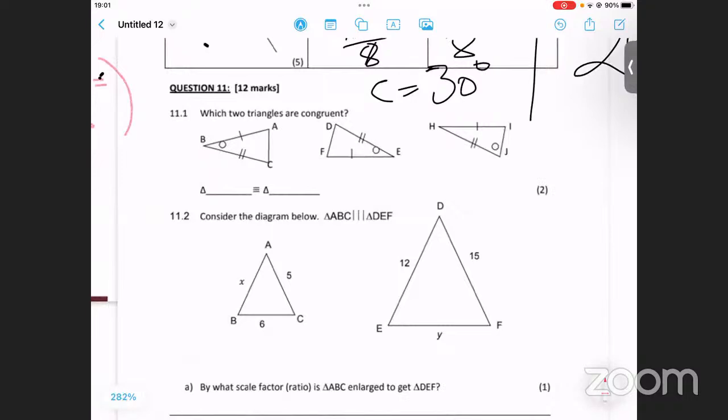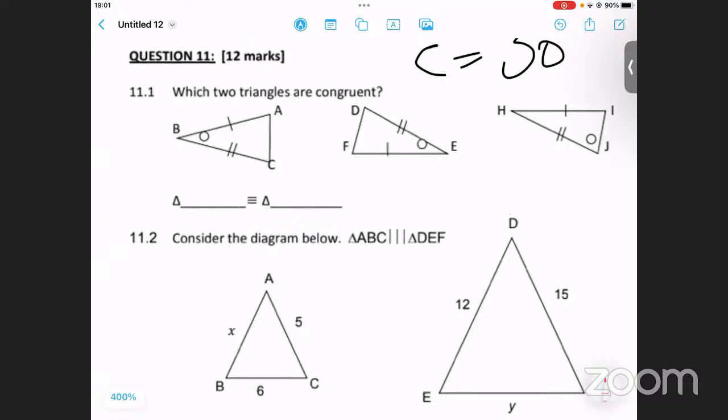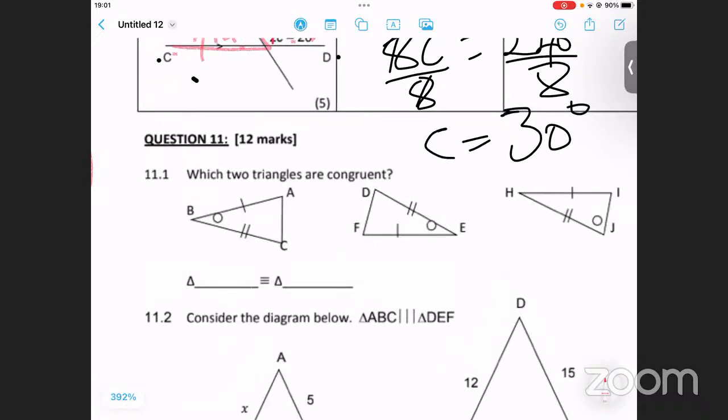Which two triangles are congruent between the three triangles that I've just called here? ABC equals to, ABC congruent to DEF, man.